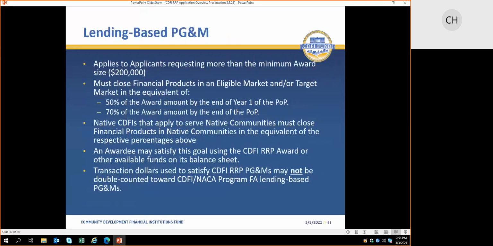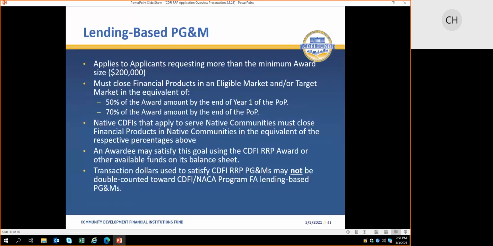For organizations that request and receive more than the minimum award amount, you will be required to satisfy a lending-based performance goal and measure. Your organization will be required to close financial products in an eligible market and/or target market in the equivalent of 50% of the award amount by the end of year 1 of the period of performance and 70% of the award amount by the end of the period of performance.